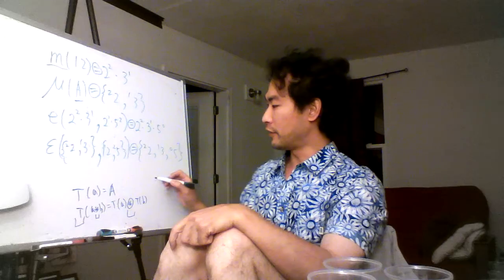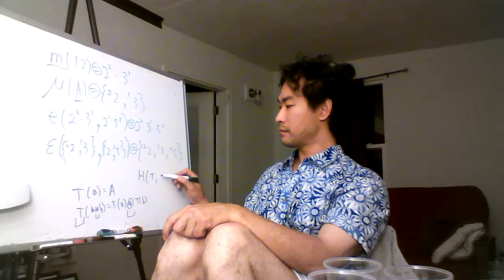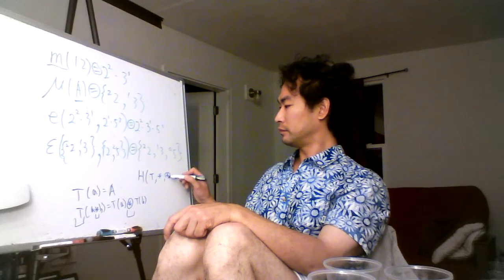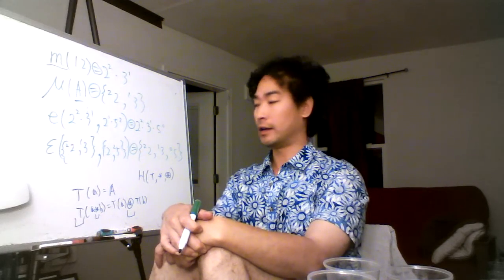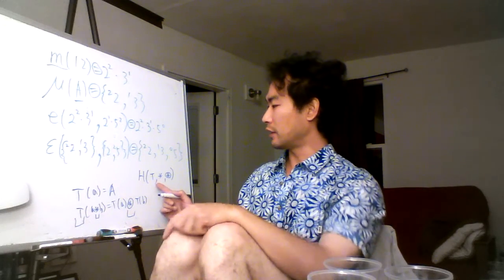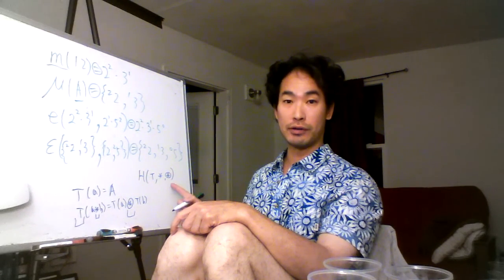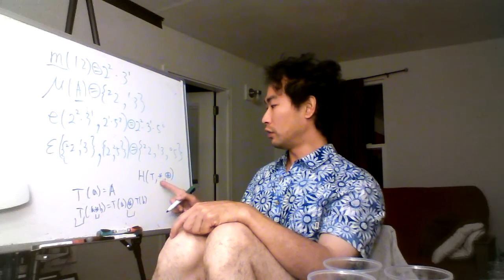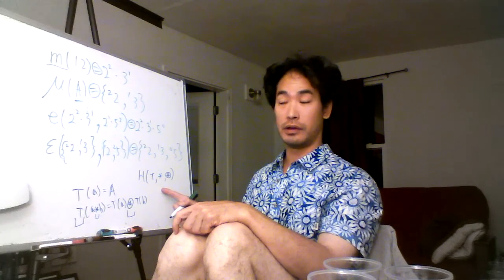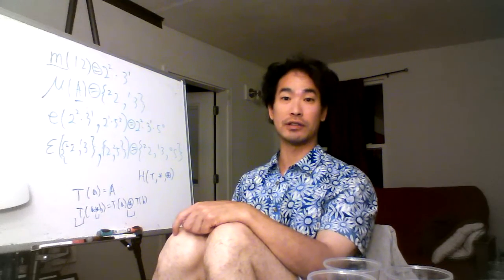So homomorphism H is a function of three inputs, and it's a Boolean function. It's either true or false. So basically, we are asking, is input function T homomorphic over these two operators? Yes or no? It's a yes, no question. That's why homomorphism is a Boolean function.